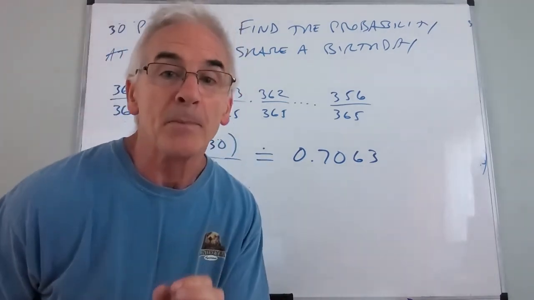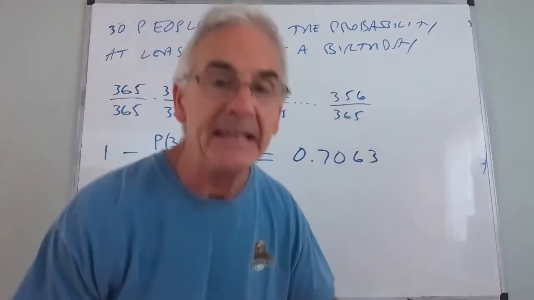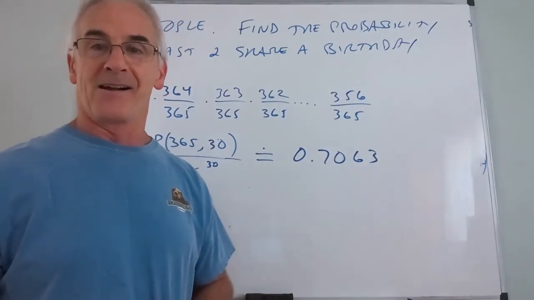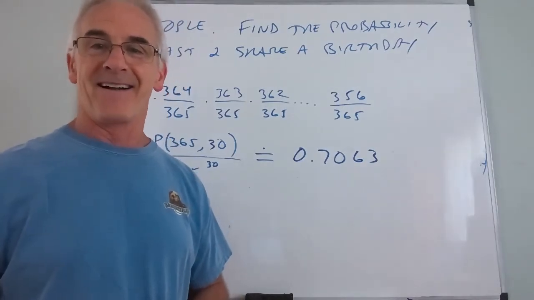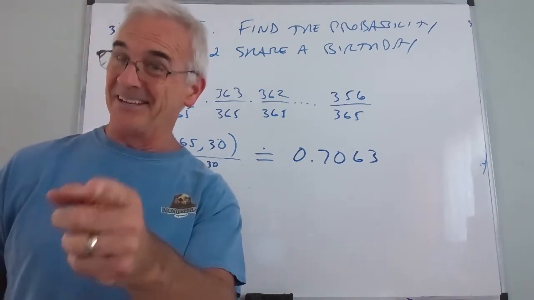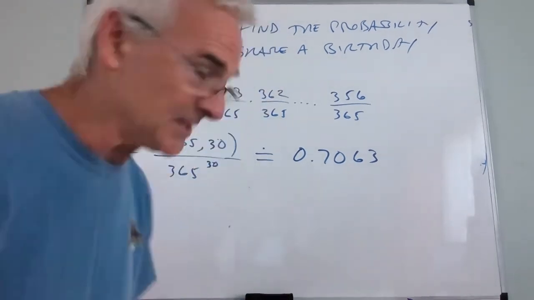Now, when will the probability reach 1? When can I absolutely guarantee that at least 2 people have the same birthday? When there are more than 365 people, so at 366. And you say, well, how come I can guarantee it at 366?